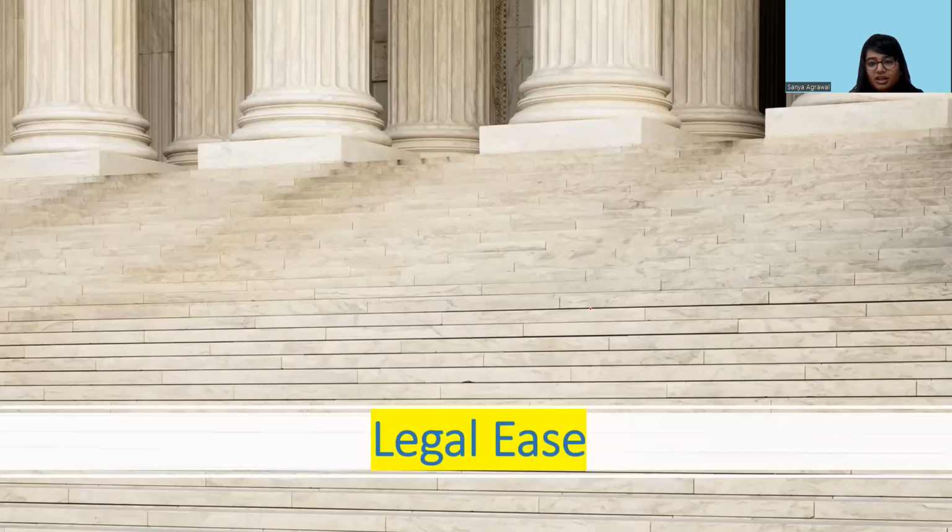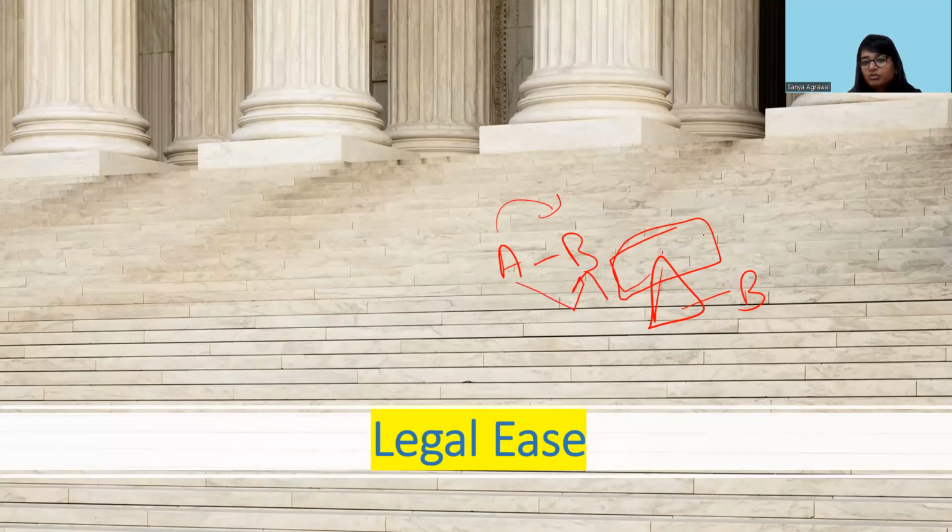Let's suppose there is again a property which is in dispute between A and B. Now this particular house is in possession of B and A is asking for the ownership as well as the possession from B. Here B has started constructing something on the roof of this particular house. Now A is saying that if B keeps on continuing this construction, and if it is proved that it is my property and B does not have any right over the property, I will be forced to break it because I do not want to use it.